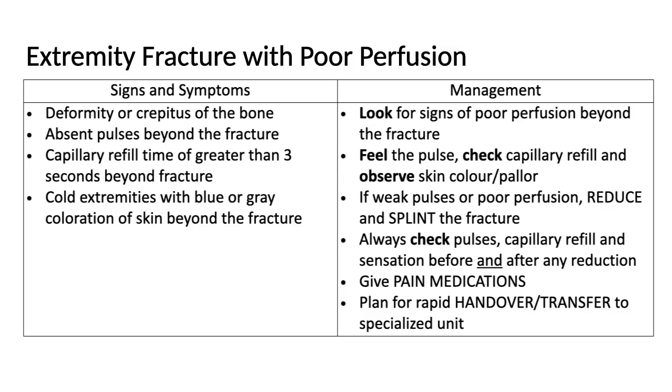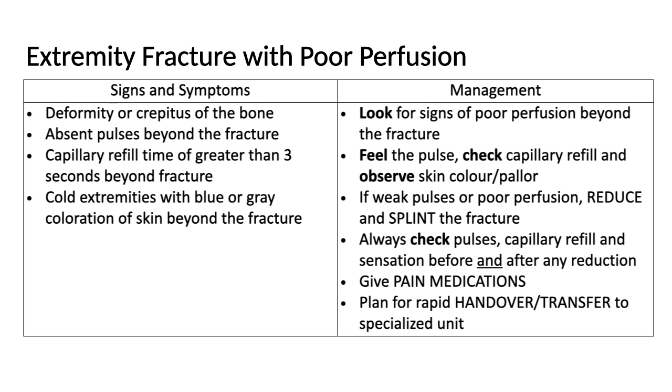Extremity fracture with poor perfusion: you can see deformity or crepitus of the bone, absent pulse beyond the fracture, capillary refill could be prolonged more than 3 seconds, and cold extremity, blue-gray coloration of the skin beyond the fracture. And in the management, look for signs of poor perfusion beyond the fracture.